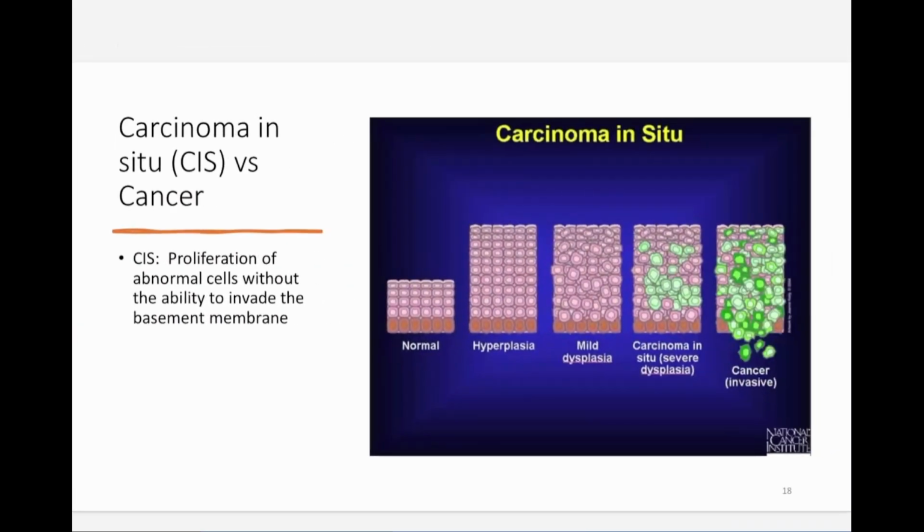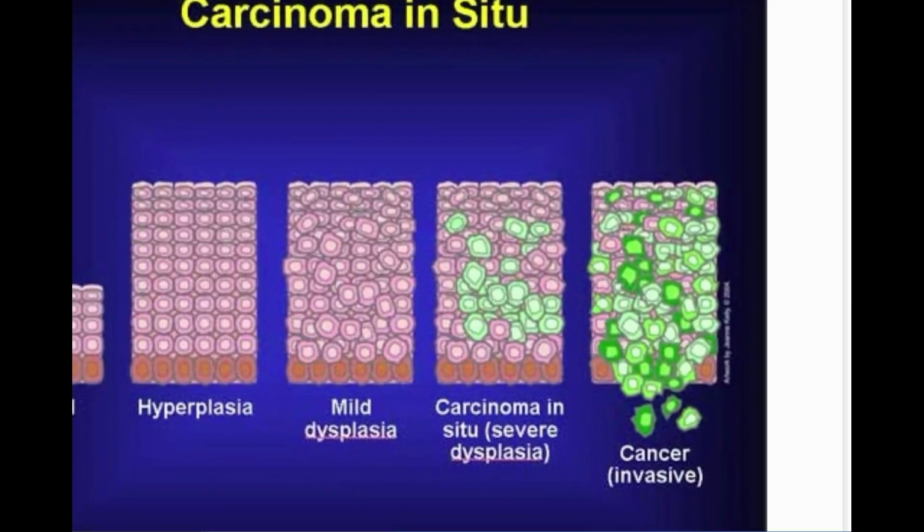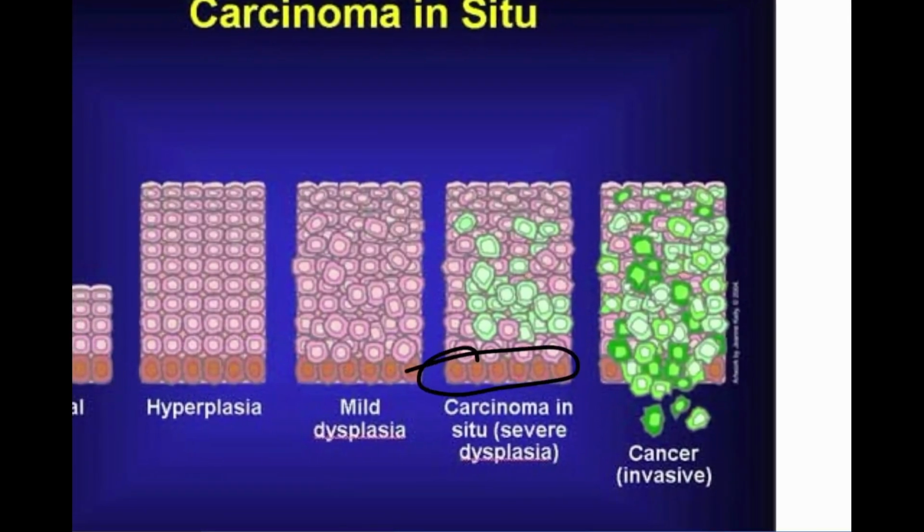And I have a picture here that kind of shows what happens. So here's your carcinoma in situ. You still have that basement membrane intact. But now we get invasive cancer, and look at that, the basement membrane is now gone.